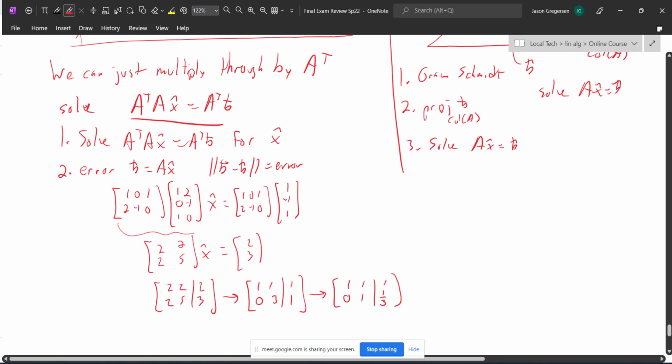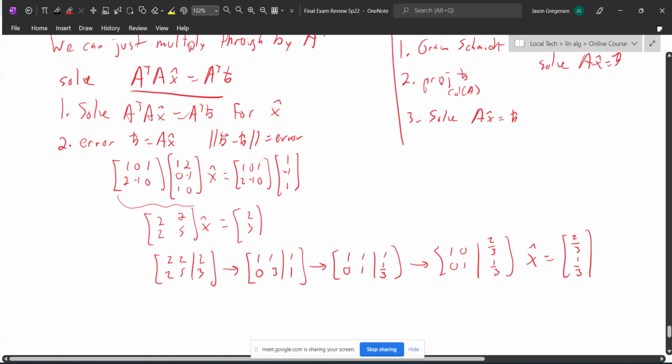And then lastly, I'm going to take row 1 minus row 2 to get 1, 0, 2/3, and then 0, 1, 1/3. So it turns out my least squares solution will be 2/3, 1/3. So that's my least squares solution.